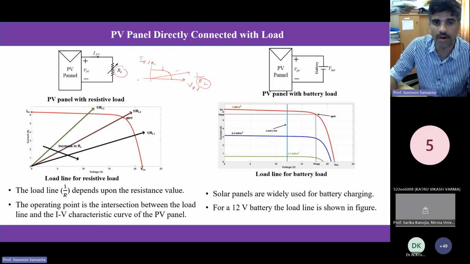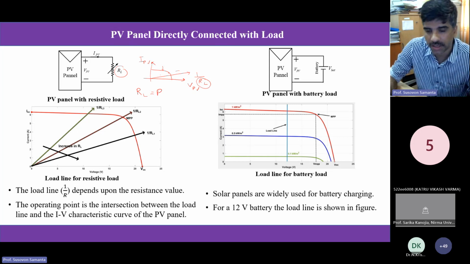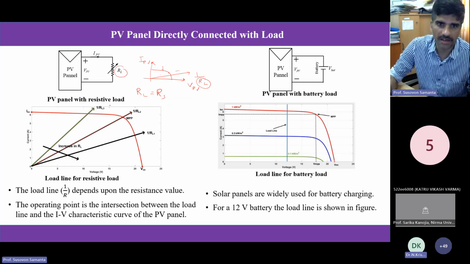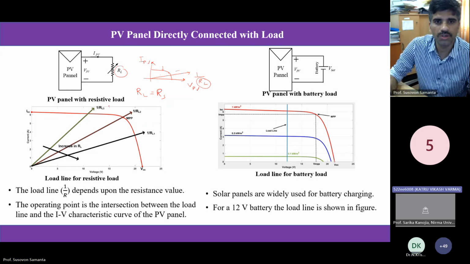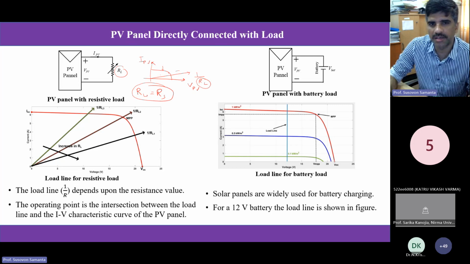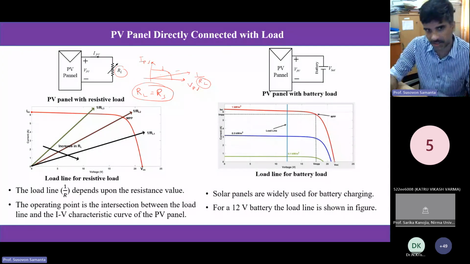And you know the maximum power transfer theorem: maximum power can be transferred from the source to the load when the load resistance is equal to the source resistance. So this is the whole idea, that we need to change the load resistance such that load resistance and source resistance match.